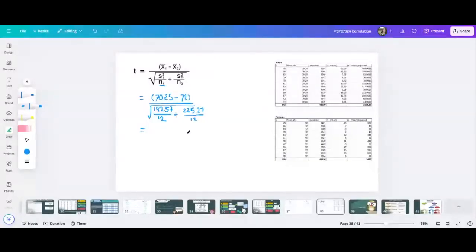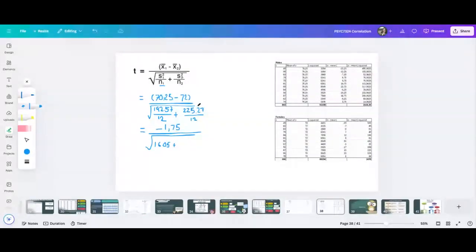Okay, let's break this down. So what is 70.25 minus 72? Yes, minus 1.75. Okay, then let's get rid of these horrid fractions first, I believe. So what is 192.57 divided by 12? Lovely, 16.05.